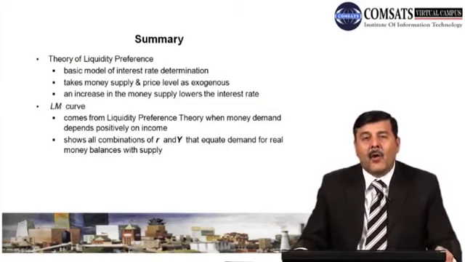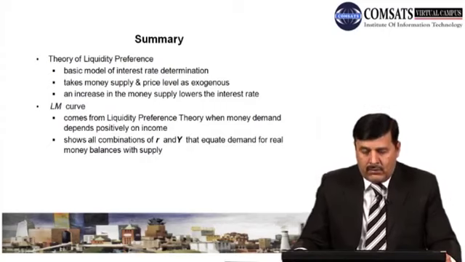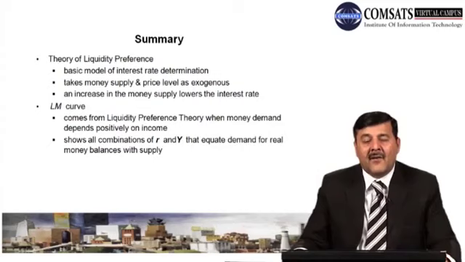It is the basic model of interest rate determination. Here we take money supply and price level as exogenous, and an increase in the money supply lowers the interest rate, and then of course increases investment and the level of income in the economy.